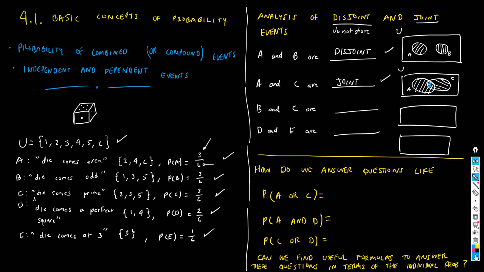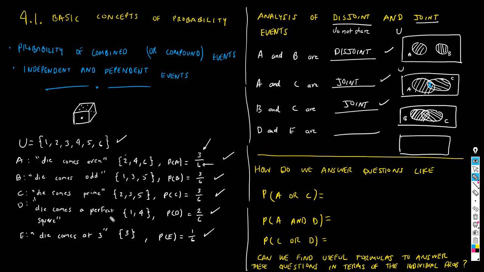Perfect. Now let's go over B and C. Let's look at B, let's look at C. They are joint because they share common outcomes. So again, they are joint events. And if I want to represent that visually, I should overlap B and C. The overlap region means the common outcomes.